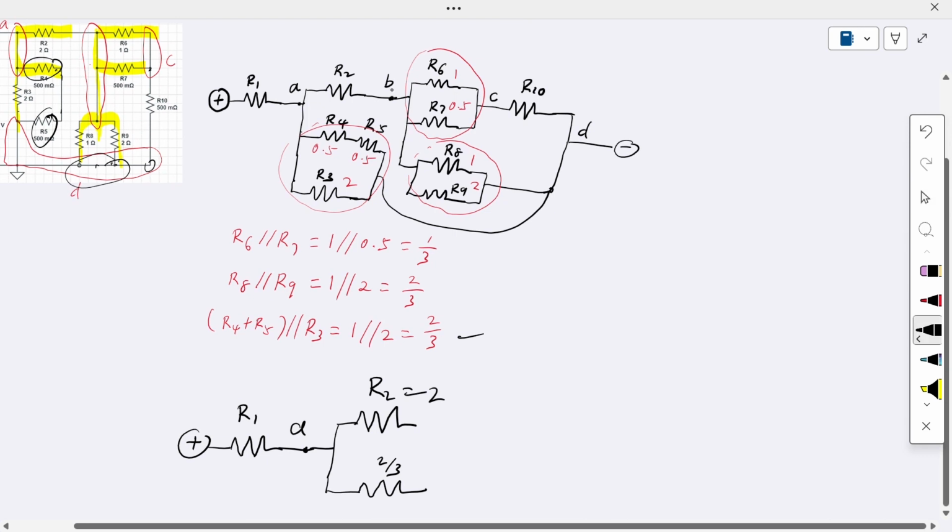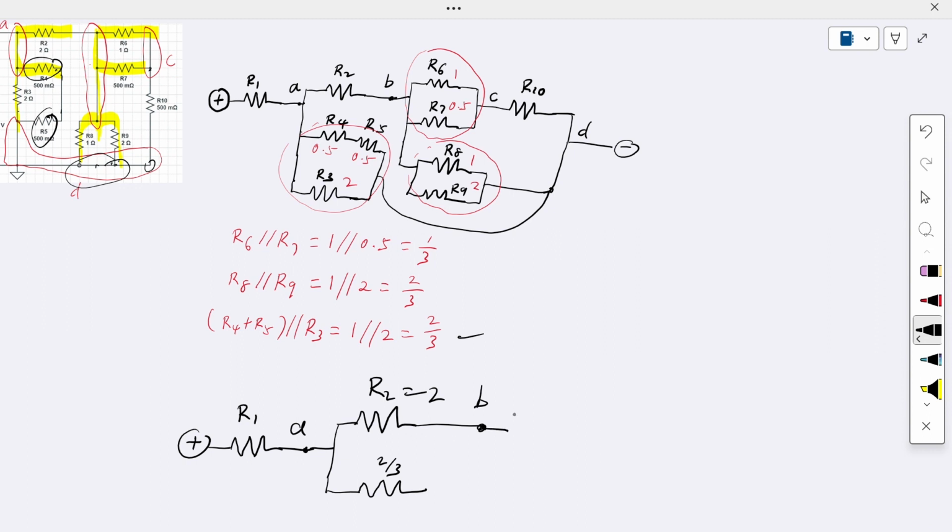And then from here we have this B node, connected to this B node here. Now this B node, we already simplified with a single resistor, which is R6 and R7. This is 1 over 3 ohm. Then it is connected to the C node. And from here, we also have one equivalent resistance of R8 and R9, which is 2 over 3, right?